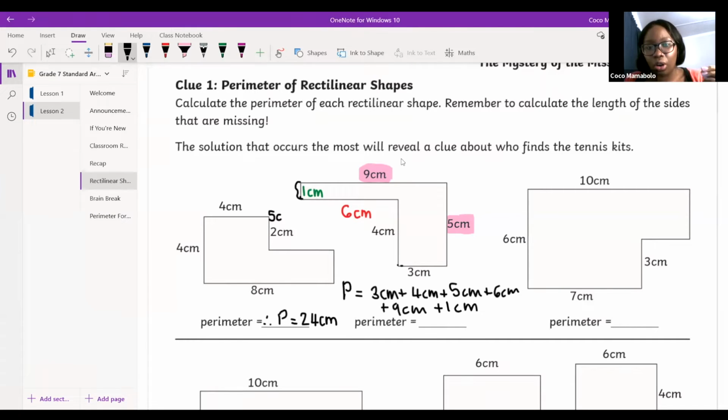Excellent. And then we add them all together, and that gives us the perimeter. Therefore, P is equal to, can you calculate the perimeter for me? Do some quick addition in your head and tell me. 7, 12, 18, 28 centimeters. Excellent. So my P is 28 centimeters.